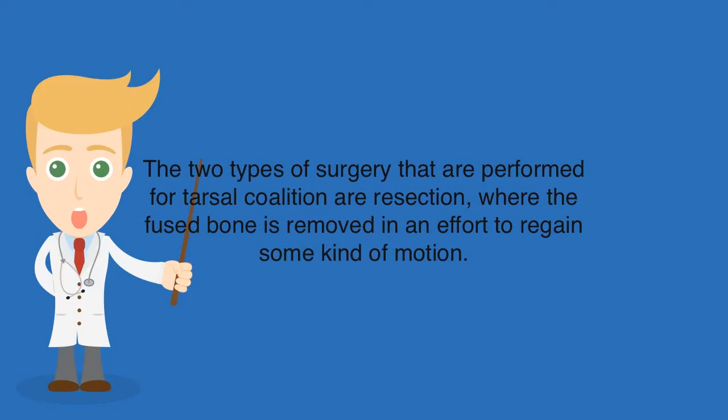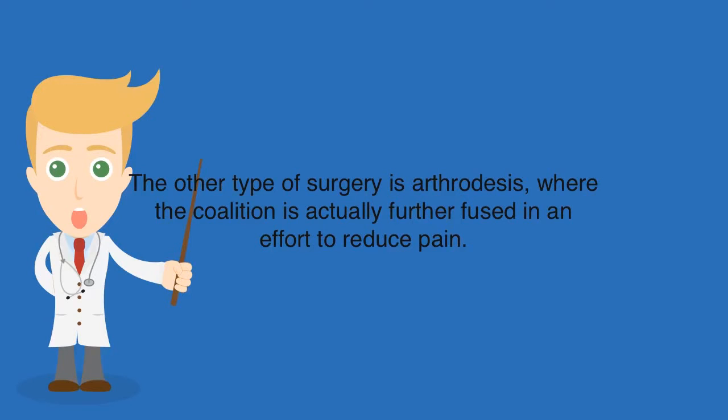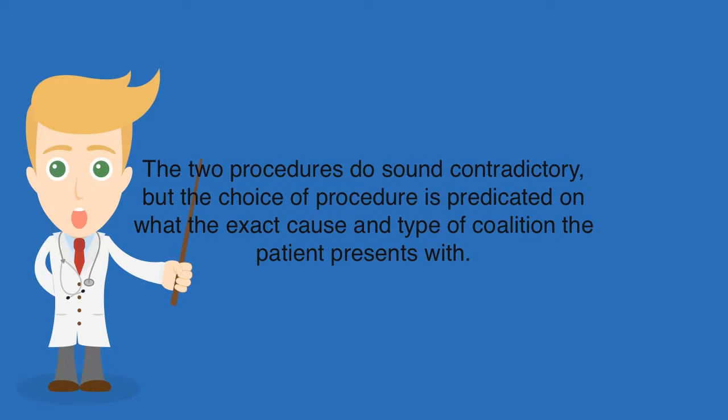The two types of surgery that are performed for tarsal coalition are resection, where the fused bone is removed in an effort to regain some kind of motion. The other type of surgery is arthrodesis, where the coalition is actually further fused in an effort to reduce pain. The two procedures do sound contradictory, but the choice of procedure is predicated on what the exact cause and type of coalition the patient presents with.